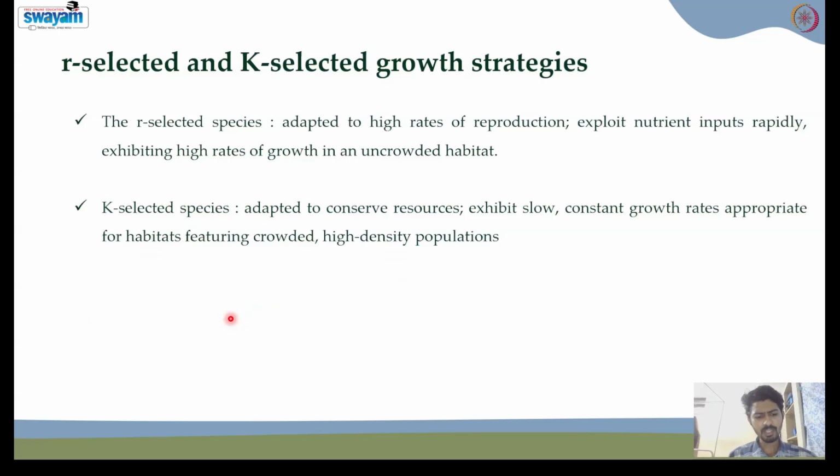And if you see the growth condition, especially, the microorganism undergoes two growth strategies: R selected species and K selected species. And how do we segregate them? How do we segregate an ecosystem into R selected and K selected species?